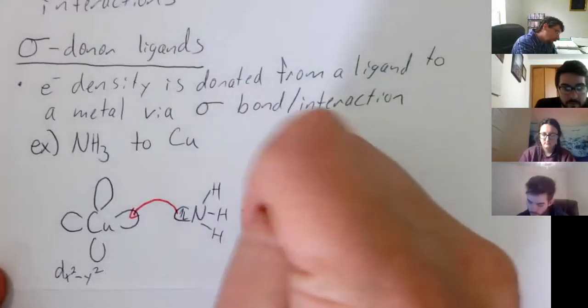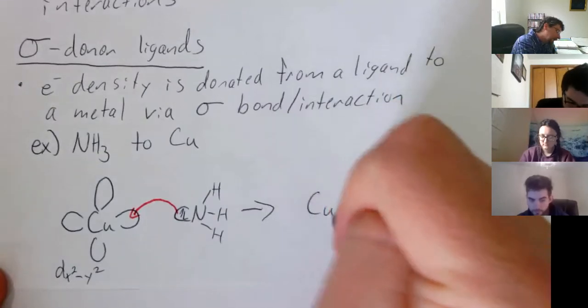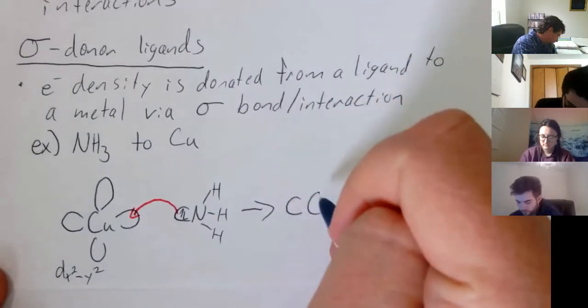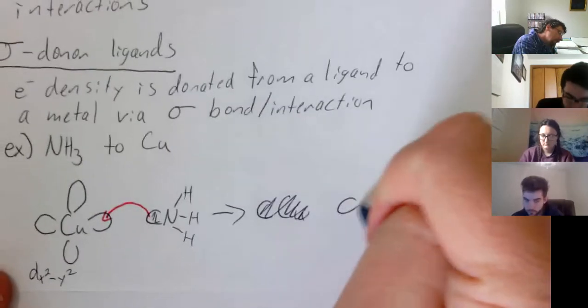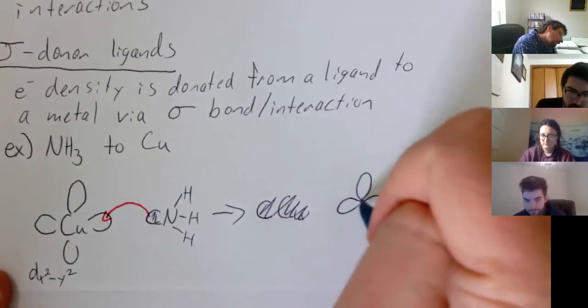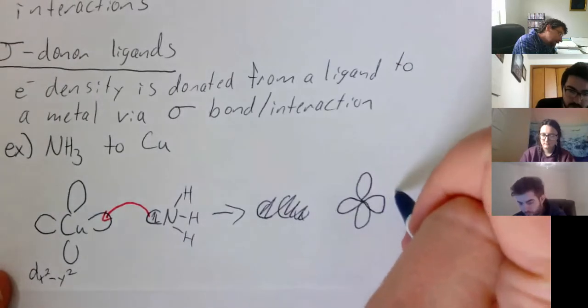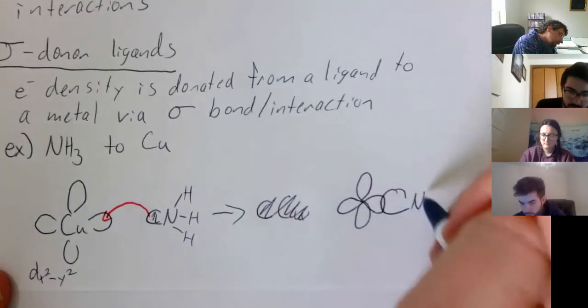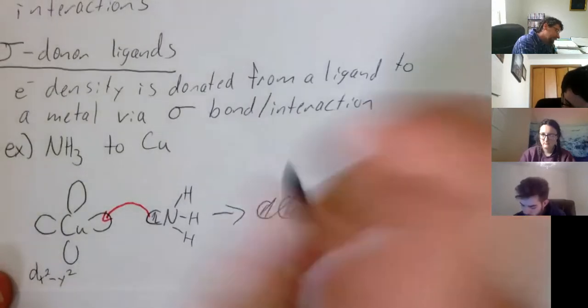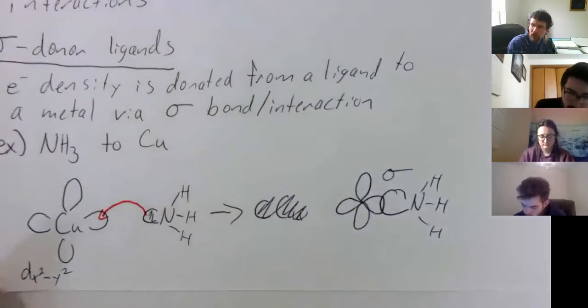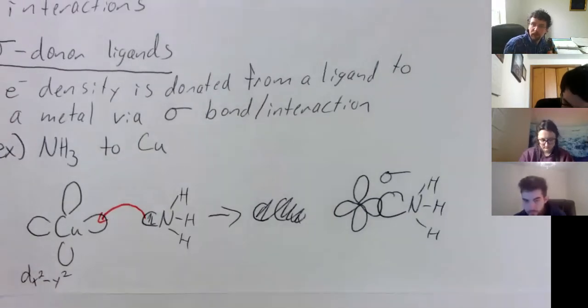So after this is all said and done, we're going to get rid of that copper. We get a sigma type interaction. So where's electron density going to and from again?